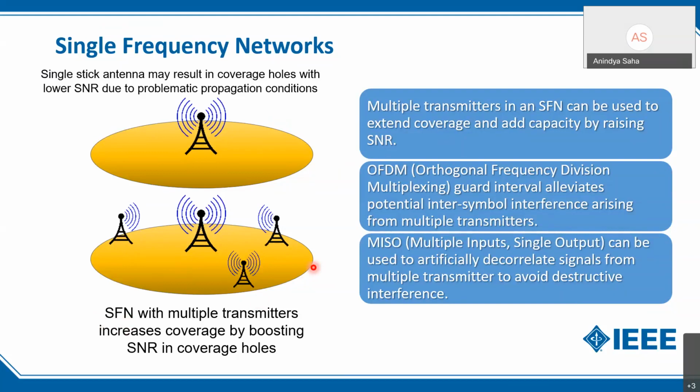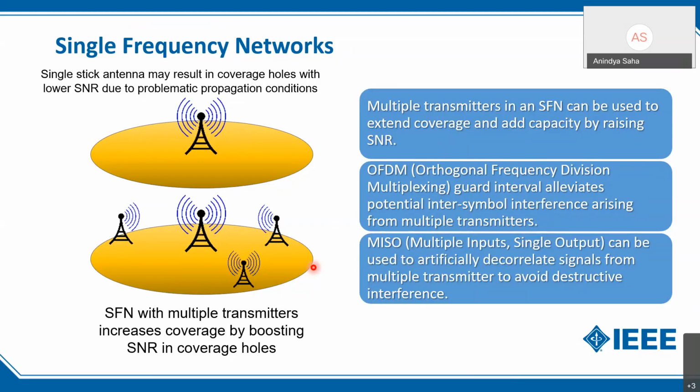Now, from a receiver point of view, the receiver sees a very good SNR because he sees an addition of power from all these transmitting sources. He sees a sum total of power from all these transmitters, and thereby all the coverage holes which were originally present with one transmitter get eliminated. And you can not only extend your coverage but also add more capacity, because you are raising the SNR seen throughout the entire region.